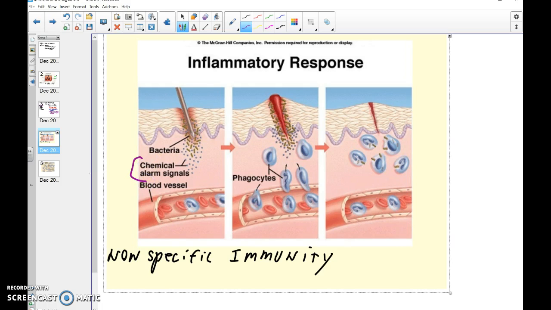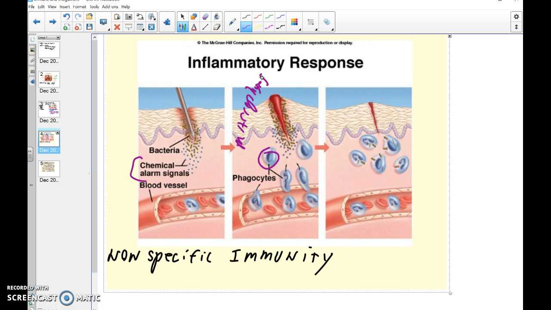And when those chemical signals get sent off, they end up taking that blood vessel that's nearby and opening it up a bit. And then all these white blood cells, which are known as macrophages, come out. And they basically get up in this area and they eat everything that's there. Doesn't matter if it's good, if it's bad, if it's indifferent, they will swallow it because they want to make sure that it does not get past them.